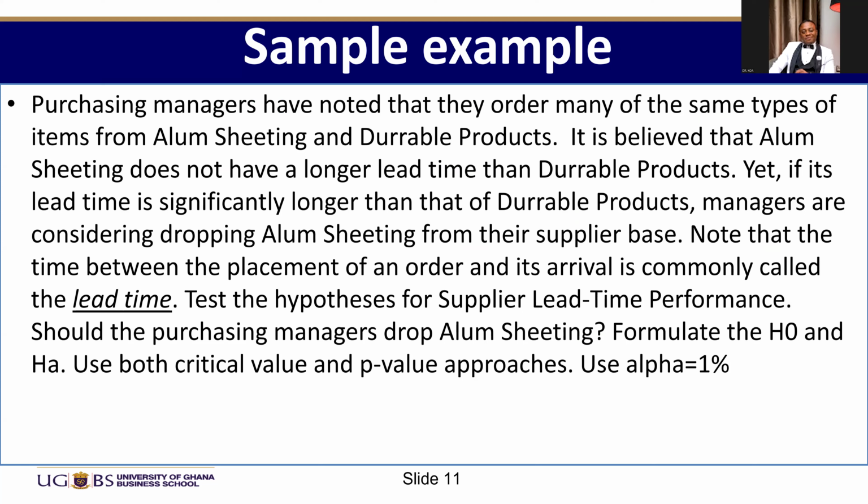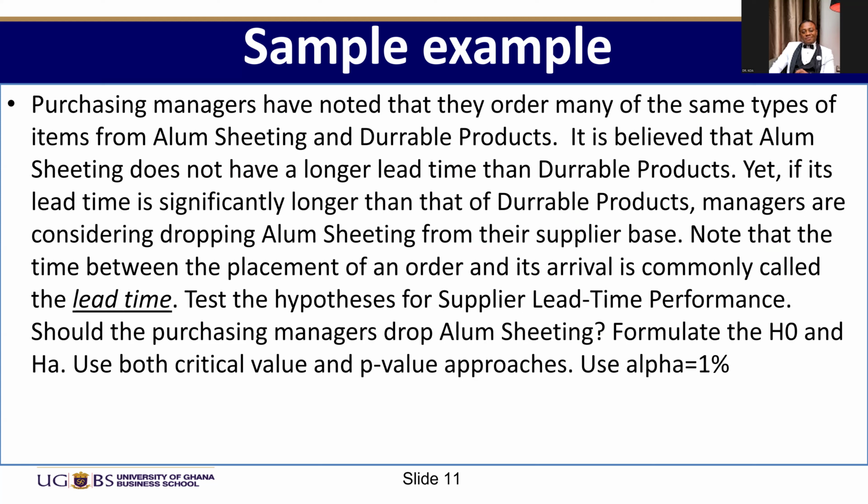Okay, so purchasing managers have noted that they order many of the same types of items from alum sheeting and durable products. It is believed that alum sheeting does not have a longer lead time than durable products.